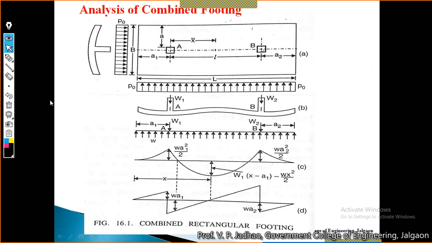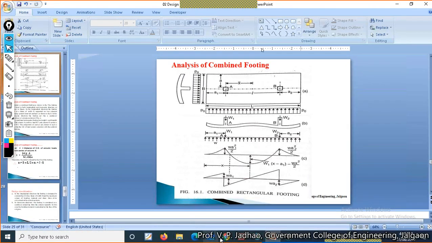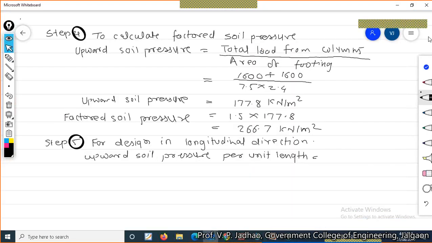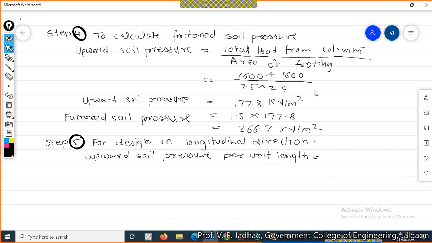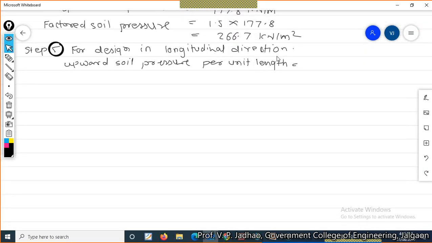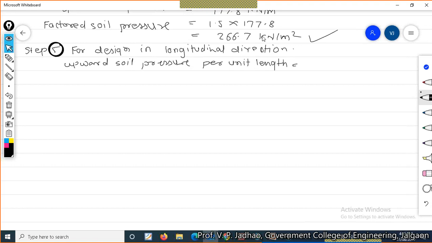Now how to calculate that, one minute. So we have calculated this factored soil pressure as 266.7 kilonewton per meter square. We have to convert this into kilonewton per meter. Therefore, this will be equal to 266.7 multiplied by width of footing.